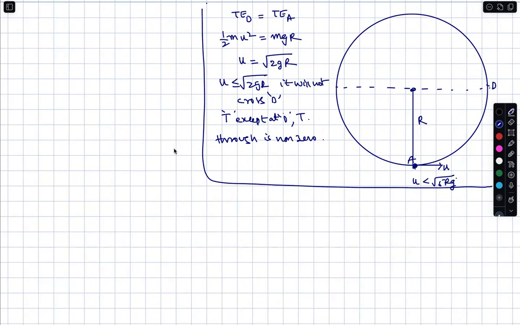One hurdle is crossed. Next hurdle, I am projecting with speed u. If u is greater than root 2 gR, what happens? It crosses D somewhere.